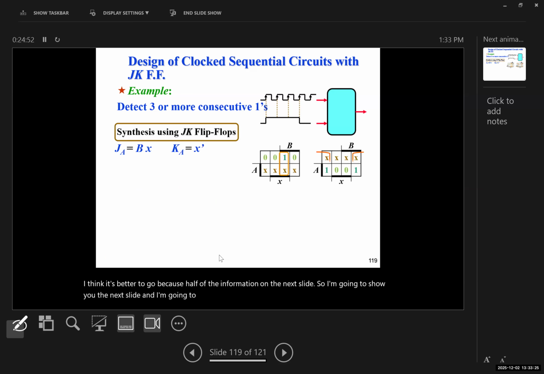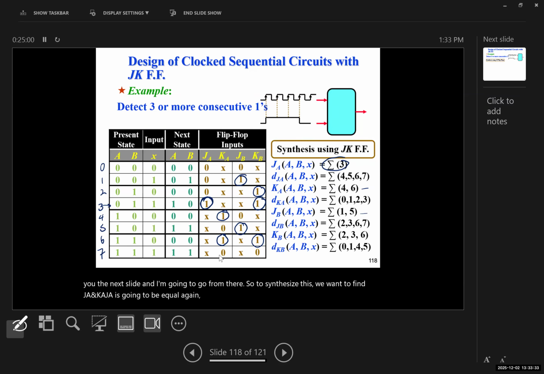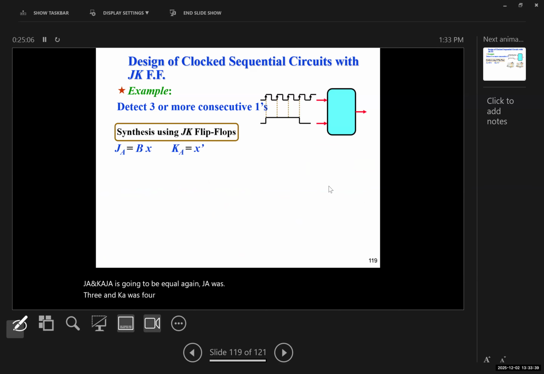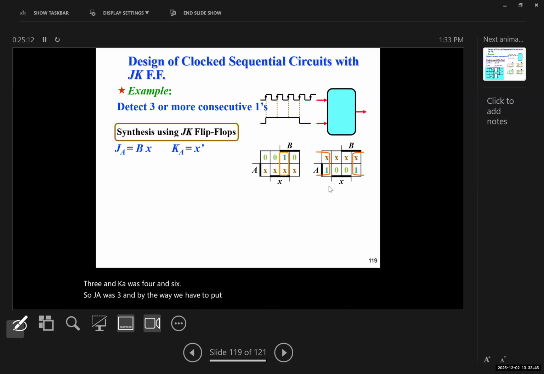So to synthesize this, we want to find JA and KA. JA was 3 and KA was 4 and 6. So JA was 3. And by the way, we have to put the don't cares as well. I forgot to mention this part.